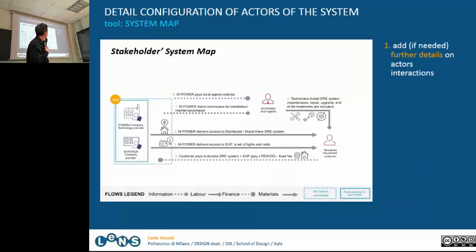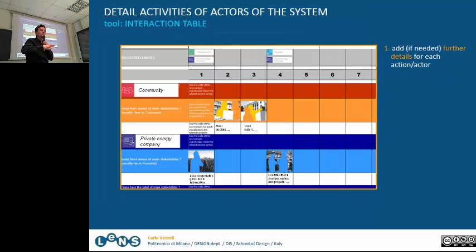So the system map here, I didn't have a good example to put right now, because this is the same system map that I had before, but I will show you another. There could be many more actors, more interactions, and something like this. The interaction table would be a bigger interaction table with more actions, everything more detailed and so on.